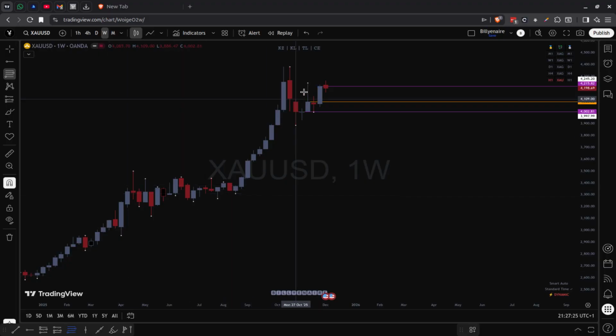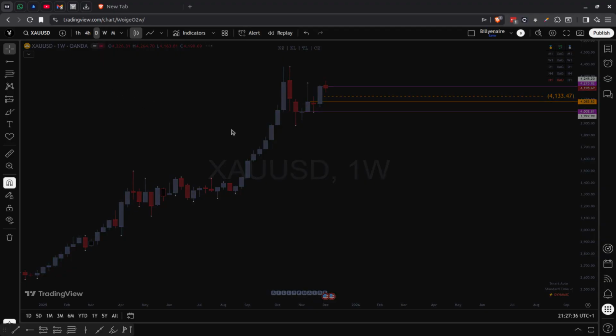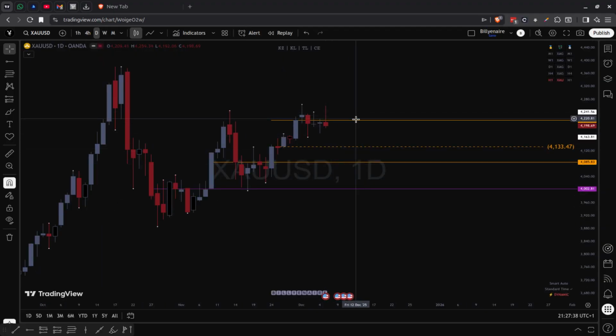We can also add the 50% of this previous week's candle. That's about it. So let's just tighten these levels up. You don't want to draw too many levels, so as not to confuse yourself, right? Let's just tighten this up over here.